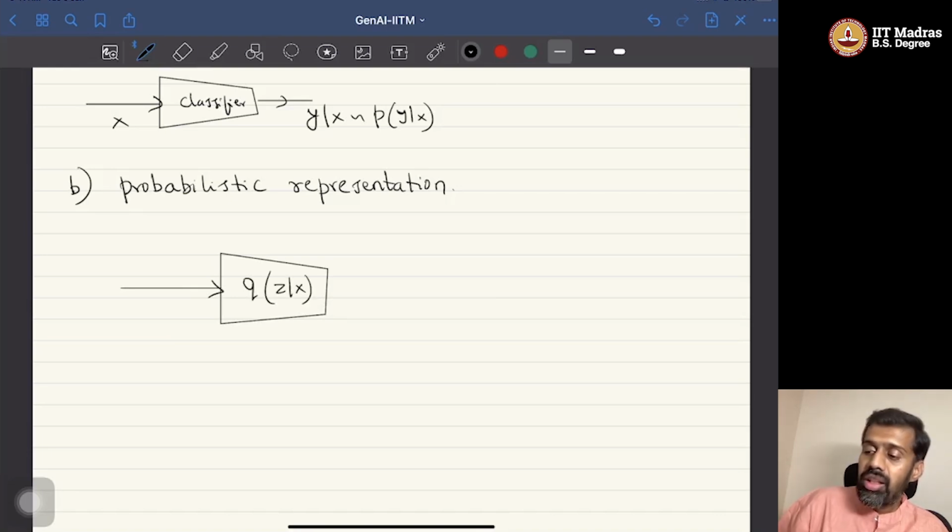This is the density function that we would want to model. This neural network takes x as an input, and let's say that the parameters of this neural network are denoted by phi. So this neural network will output the parameters of the density function that it is modeling.